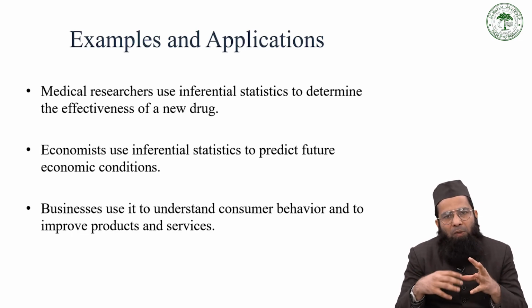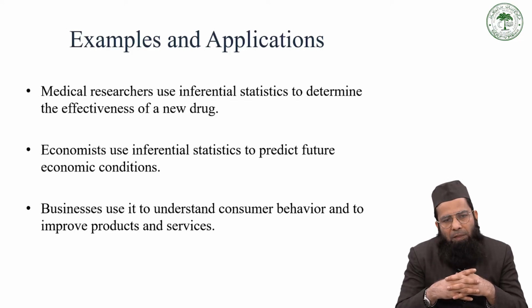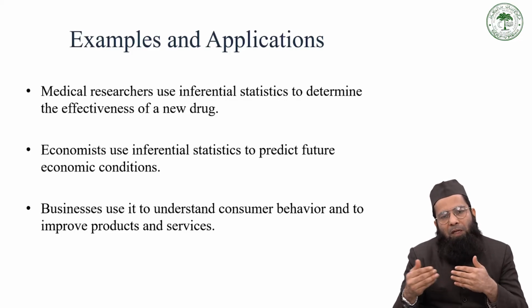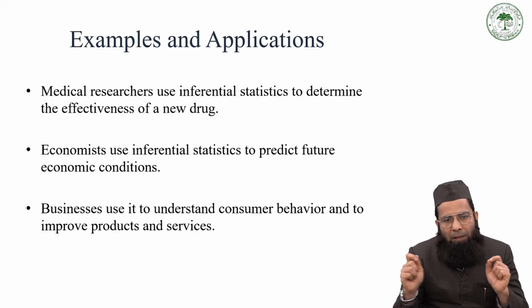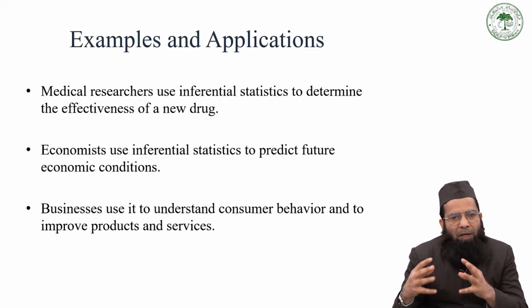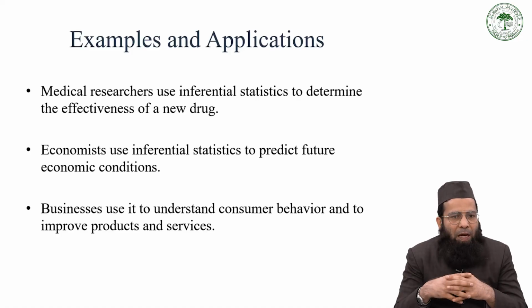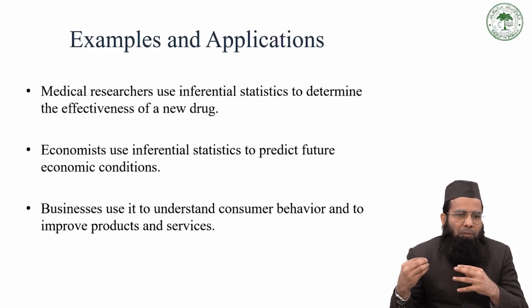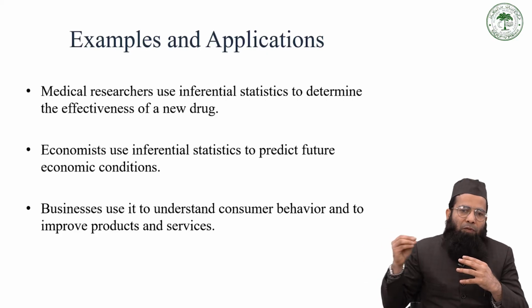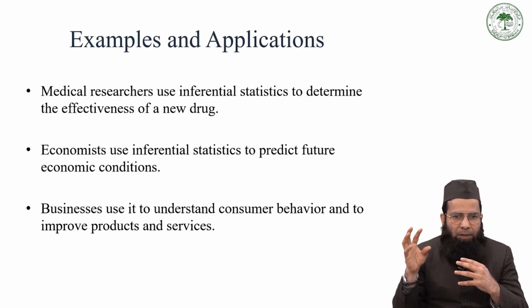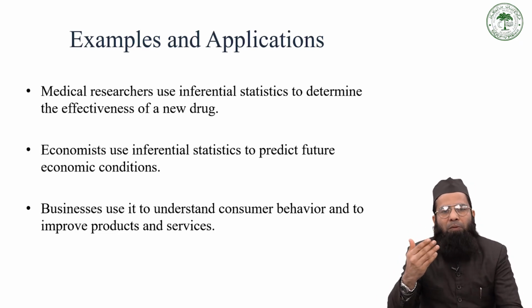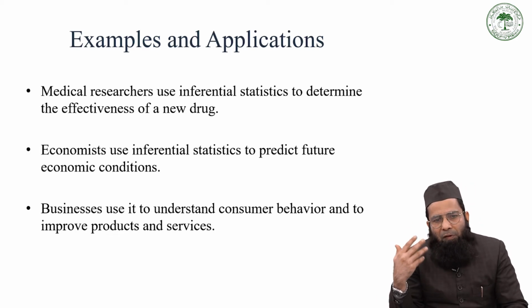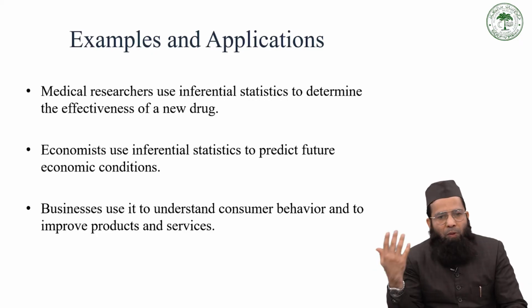Suppose a new drug has been discovered by a pharmaceutical company, and they want to test its effectiveness. Again, which type of sampling should we take? We cannot perform tests on each and every individual of a particular nation. So again we will select a certain sample, and then we will take inference from this sample for the whole population.